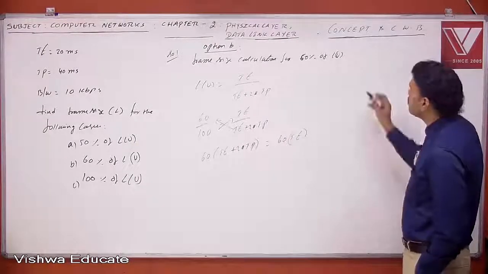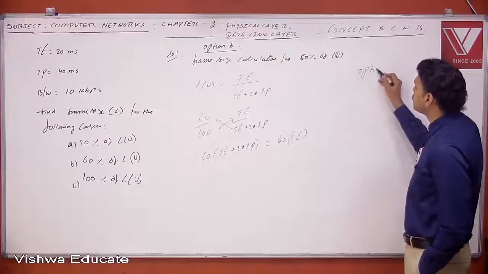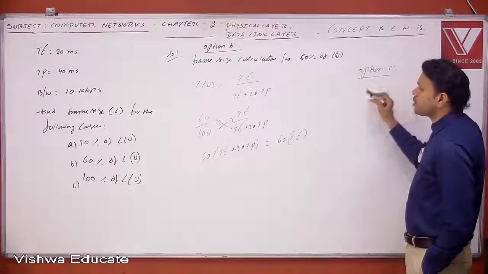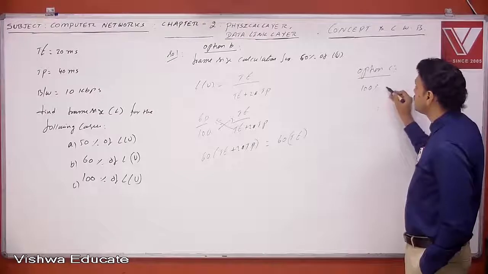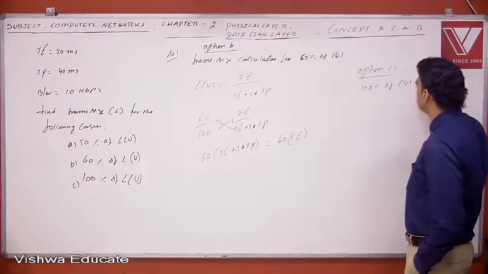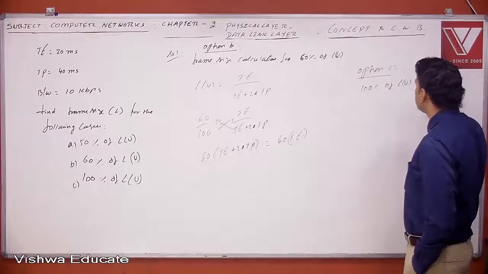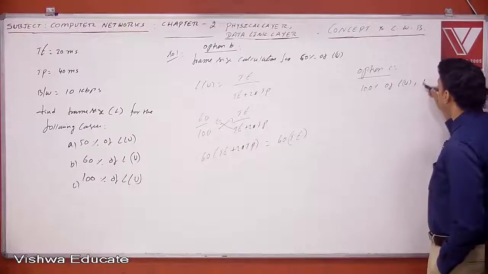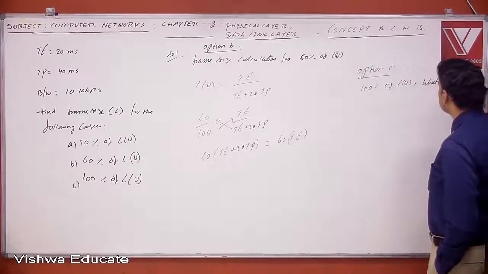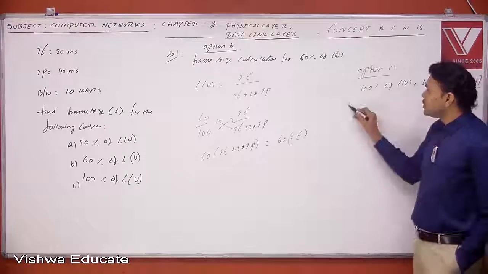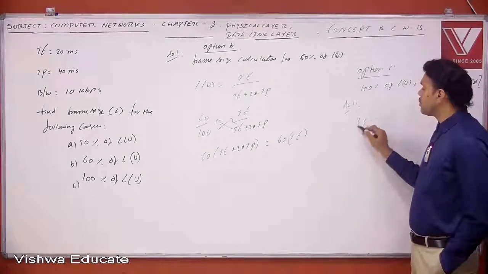Okay, and option C. What is option C? It is 100% of L of u. What is the frame size? So this is very simple. Our regular equation only.